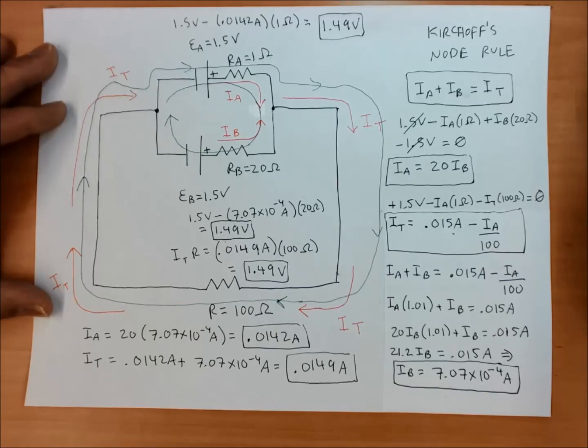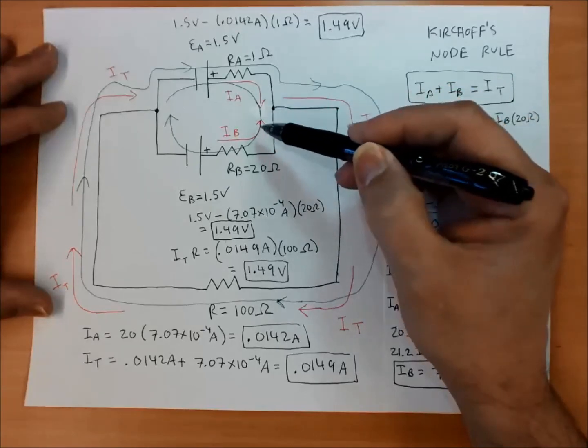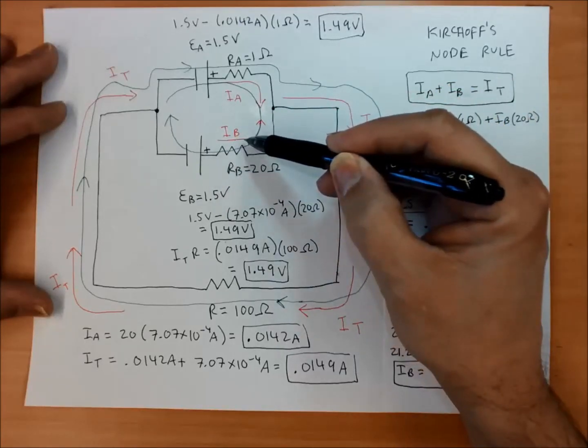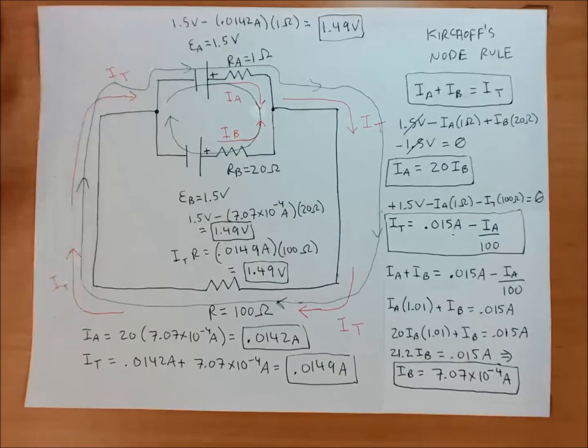And as long as I also make the caveat that if my loop carries me in the opposite direction of my assumed current, when I'm going across a resistor, that resistor in fact would represent a voltage boost rather than a voltage drop.